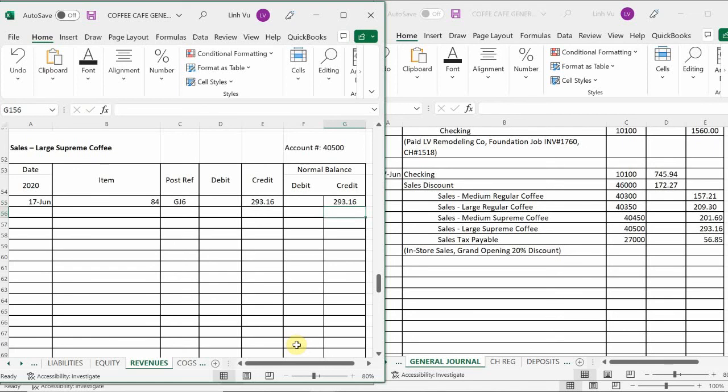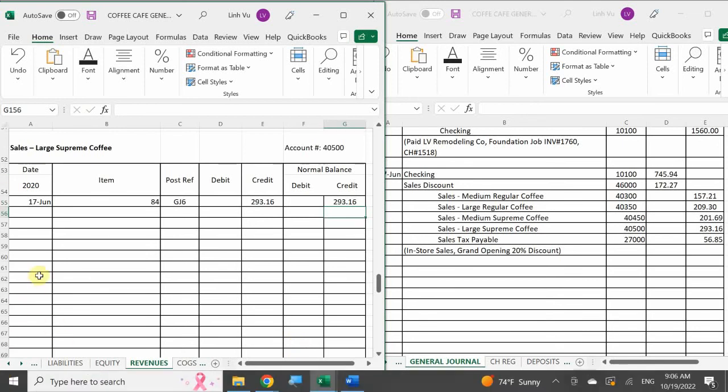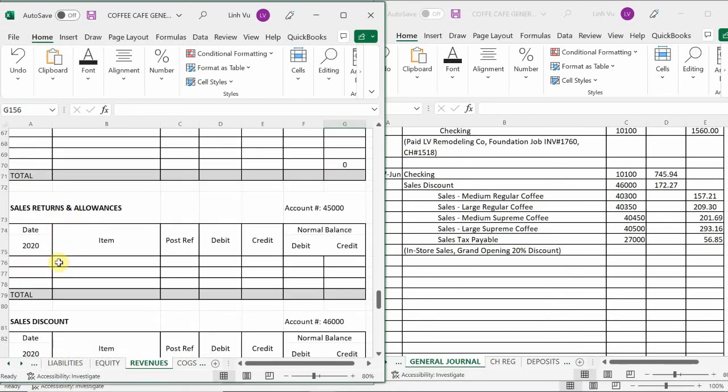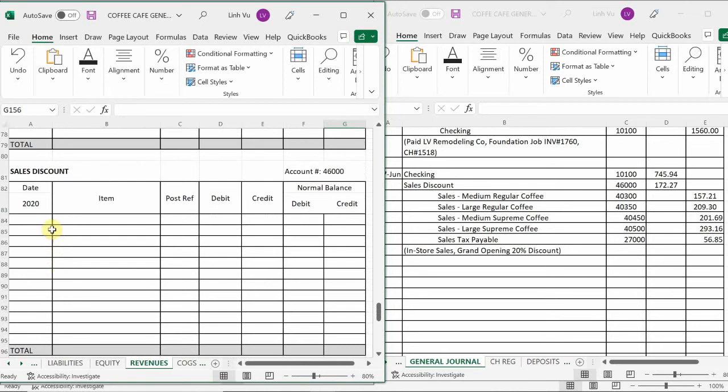Okay. And we're going to do sales discount. It was 20%, and it's 172.27. And that's in our journal 6.